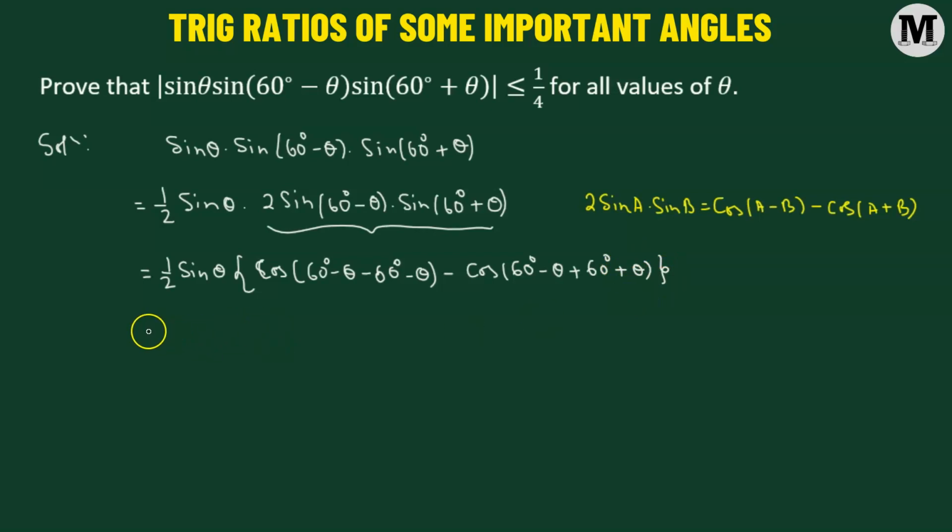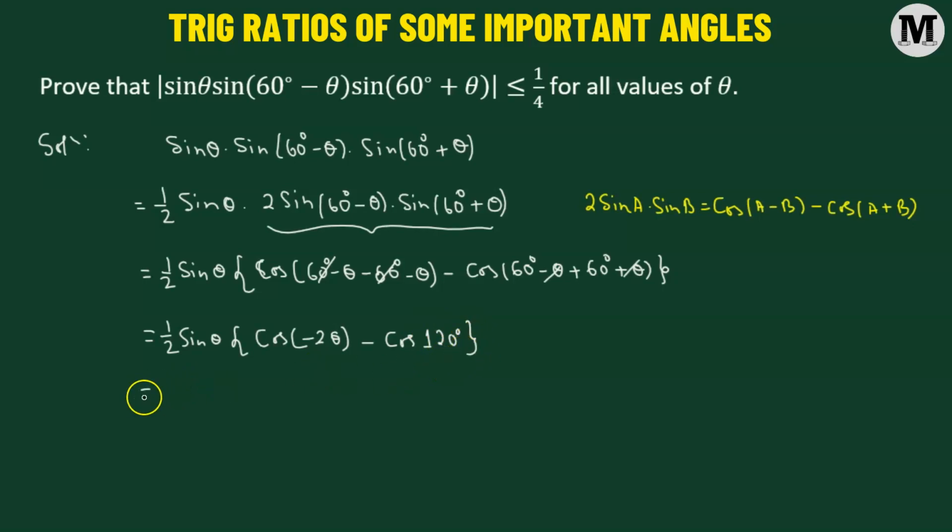Fine. So now we have half sine theta multiplied to cosine of angle. Here 60 degrees and 60 degrees get cancelled, so we have cosine of negative 2 theta minus cosine of angle. Here negative theta and positive theta cancel out, leaving us at 120 degrees.